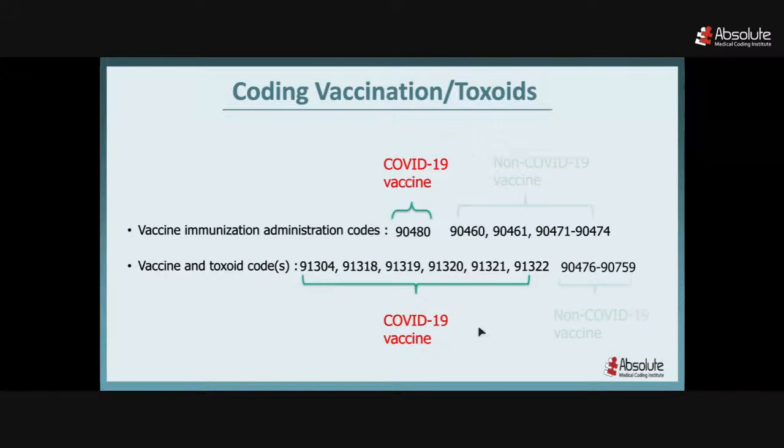For non-COVID vaccines, the administration codes include 90460, 90461, and 90471 through 90474. The vaccine product codes range from 90476 through 90759, covering various non-COVID vaccines and toxoids.